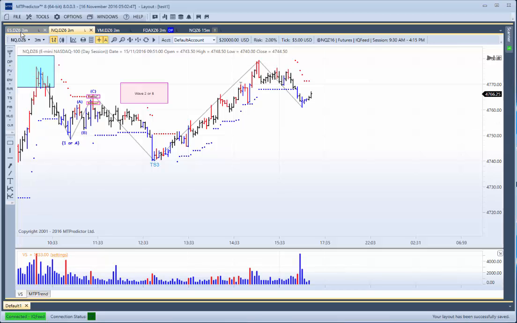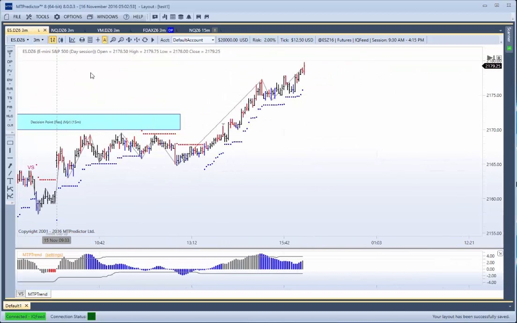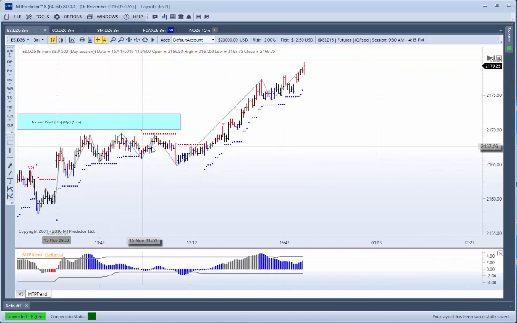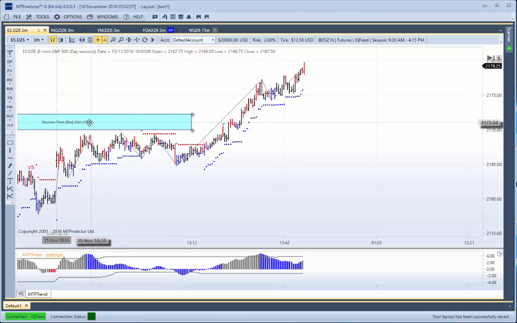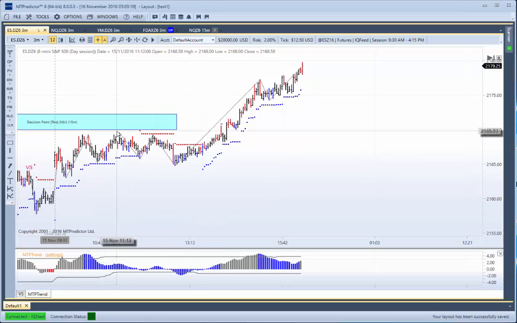Also, I suggested that another reason why you might be a little bit careful on this particular trade setup is that on the ES at the same time, which was in around this whole level here, we hadn't reached our 15-minute DP resistance. So if the market had gone up into here, hit our DP resistance at this particular point in time, then backed off, the ES may have also added some selling pressure, which would have put the market down, but because it hadn't reached its DP level, that was another reason to be slightly cautious about a continued decline on the NQ.